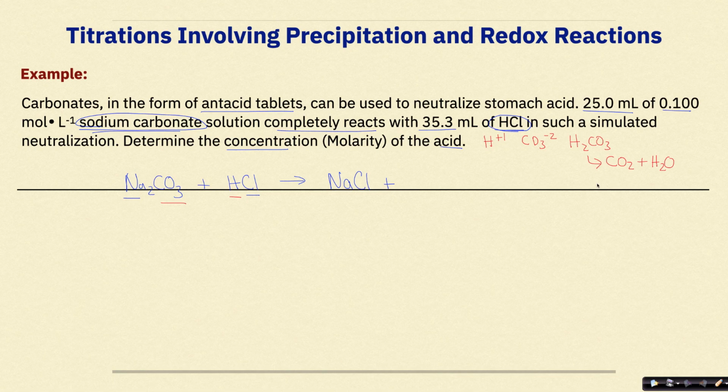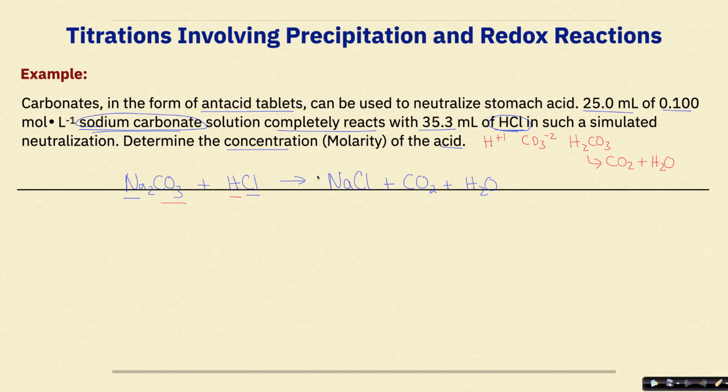And if you're not my student, then you should inquire with your teacher whether you should keep it as H2CO3 or CO2 plus H2O. For my students, I'm going to say, make it CO2 plus H2O. Fantastic. And then the next step is going to be to balance this thing really quick.